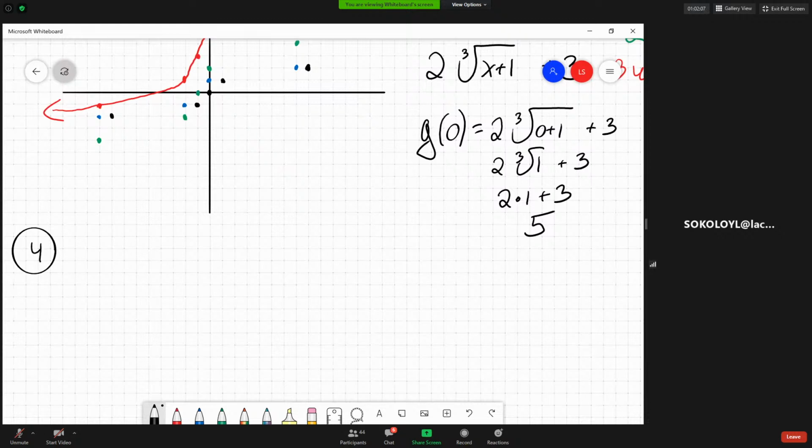Let's say we have f of x equals, and we'll do a square root in this case, square root of 2x minus 3. Let me see if I want to make it more difficult or if I'm okay with that.